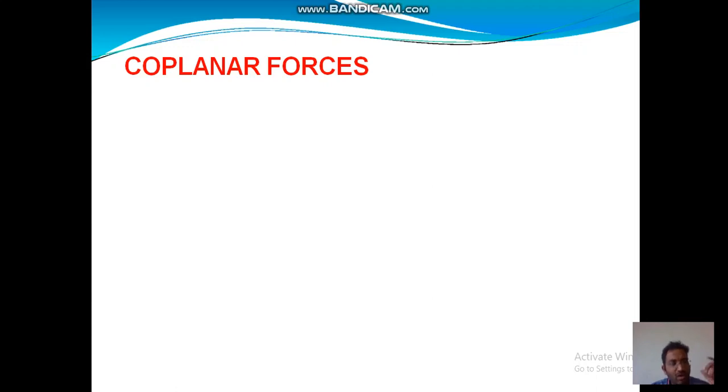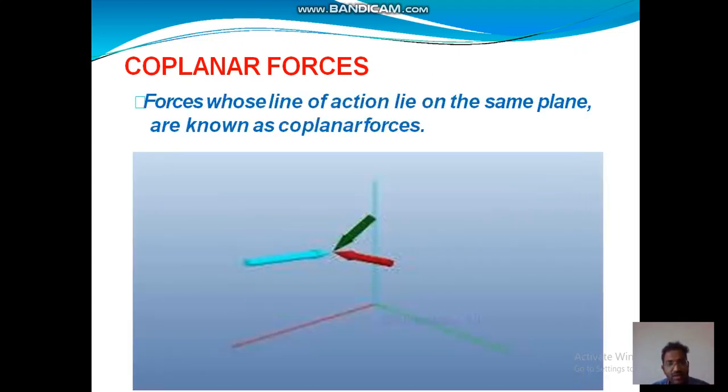The name itself says it: all the lines of action of the forces are acting on the same plane. You just remember plane. See the figure once. This is x, for example, this is y, this is z, and in between only one plane these three forces are acting. These are all called coplanar forces.